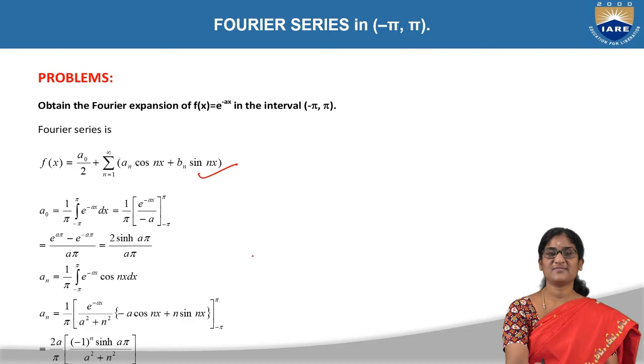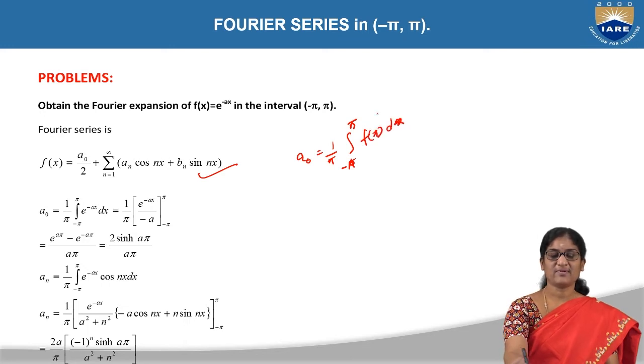Let us first find the Fourier coefficient a naught, which is 1 by pi integral minus pi to pi f of x dx. Here f of x is given as e power minus ax.